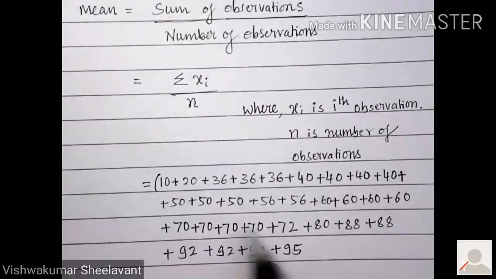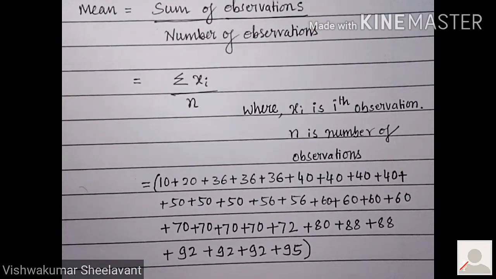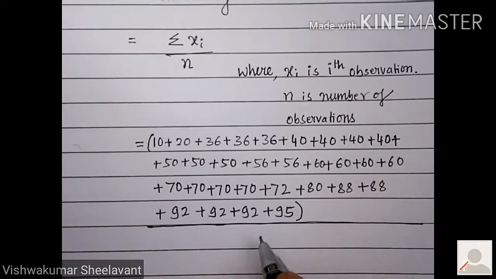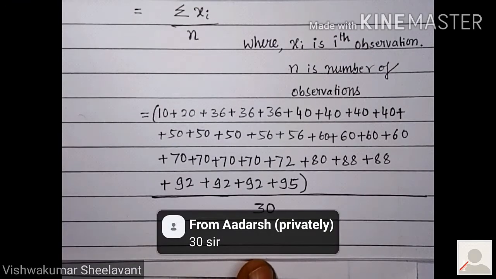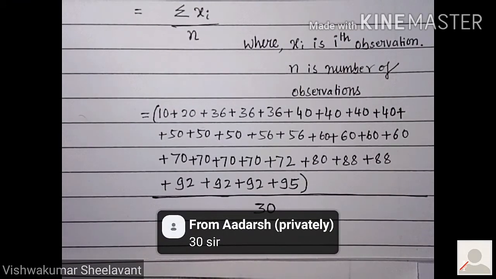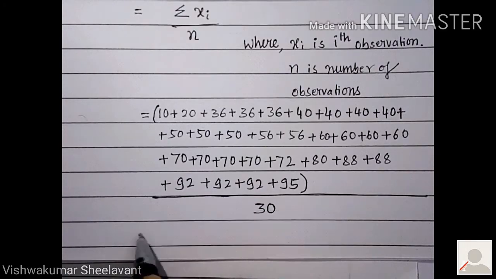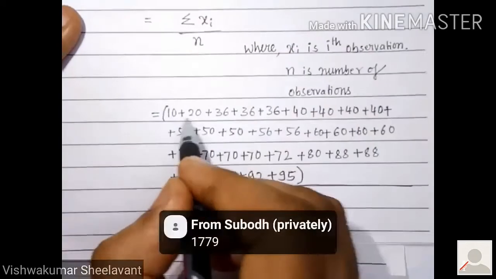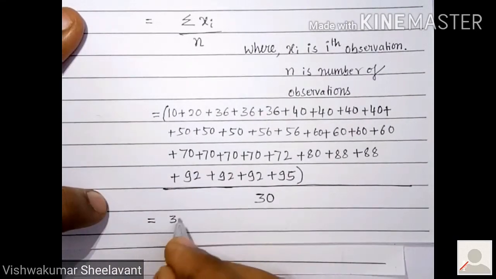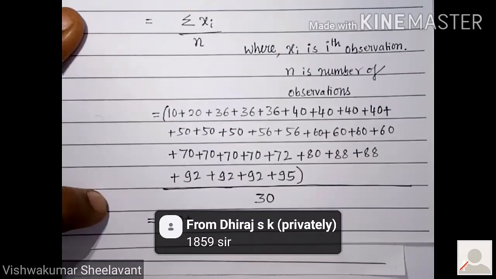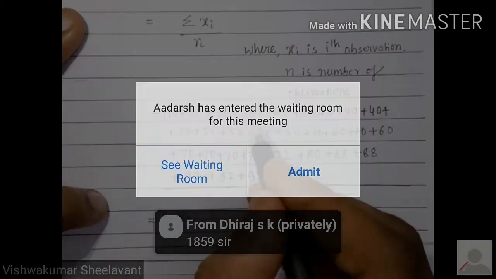You have to add all these and divide by what? Number of observations. In this case it is 30. Good, very good. Now add all these numbers. 10 plus 20 is 30 plus 36 3 times is there.